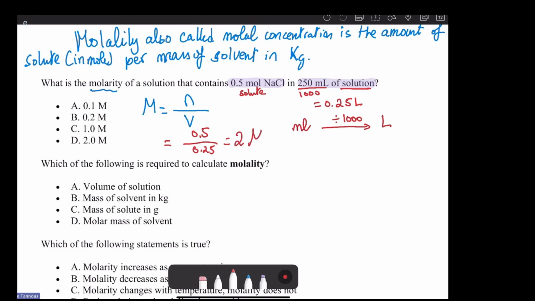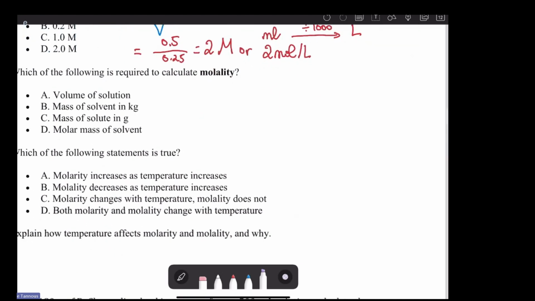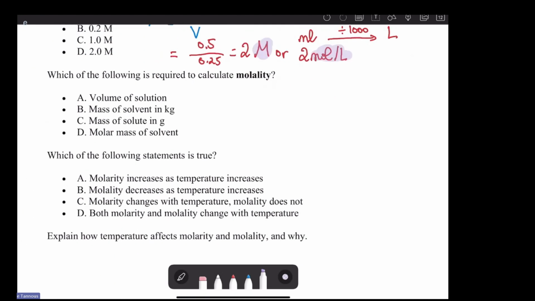2 molar, or you can say 2 mole per liter. Capital M is the same as this one. Which of the following is required to calculate molality?